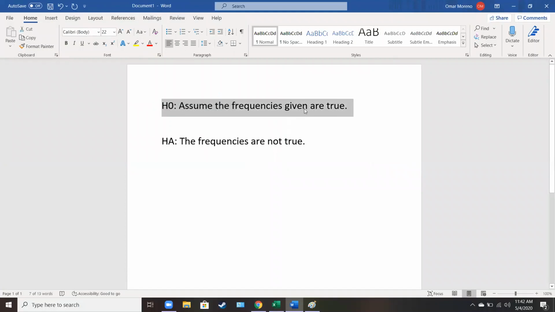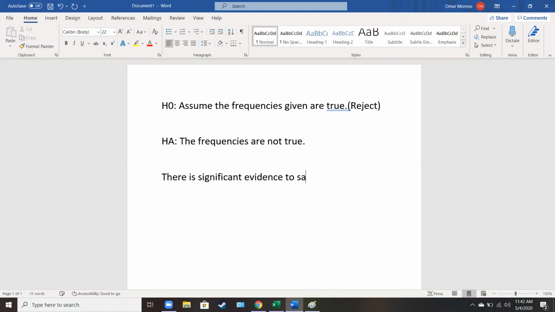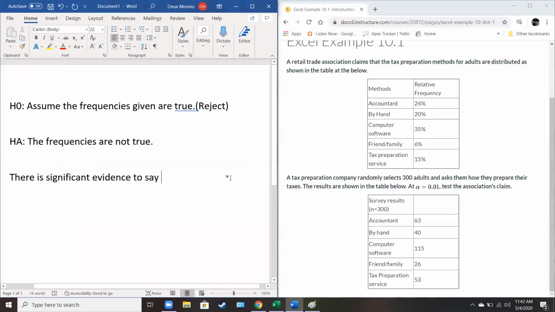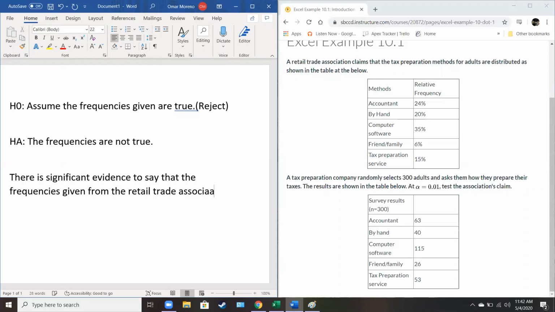I can reject this claim, and then, going back to my problem, I can state that there is significant evidence to say that the frequencies given from the Retail Trade Association are not accurate.